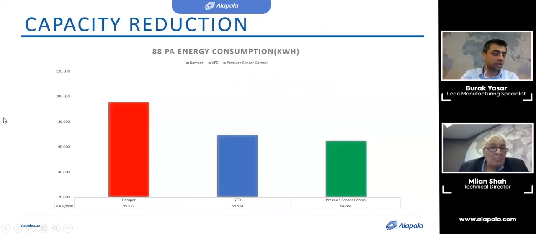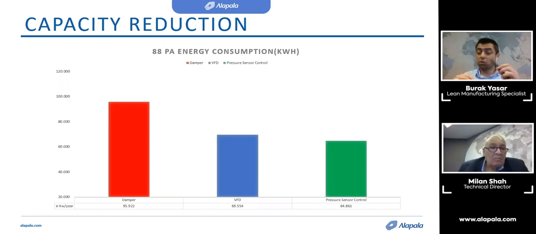All right, let's just reduce our production capacity 20%. And you see here on the chart, we present non-stop running fan consumption in a year. The fan speed controlled by the damper system consumption is 95,000 kilowatt per year.